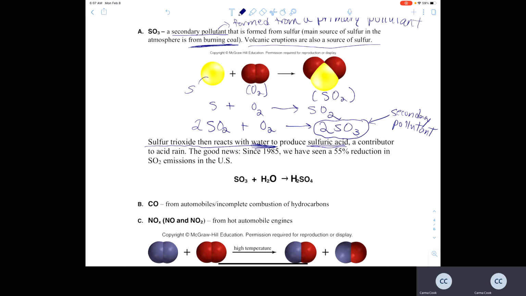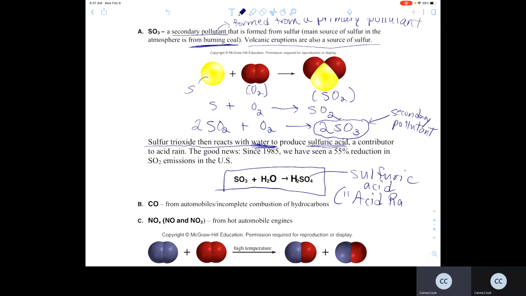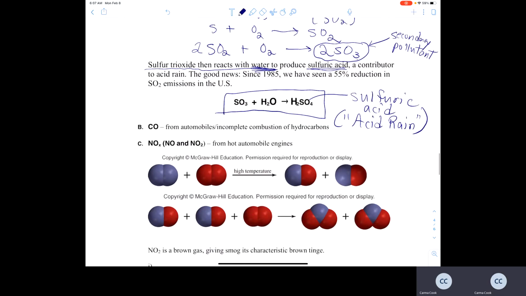And therefore, there's less SO2 in the atmosphere that can react with oxygen and form SO3, and therefore less SO3 that can further react with water to form sulfuric acid, H2SO4. That's the formula for sulfuric acid, which is a major component of acid rain. So when that sulfuric acid forms up in our atmosphere, it falls back to the earth, and that's what we call acid rain.